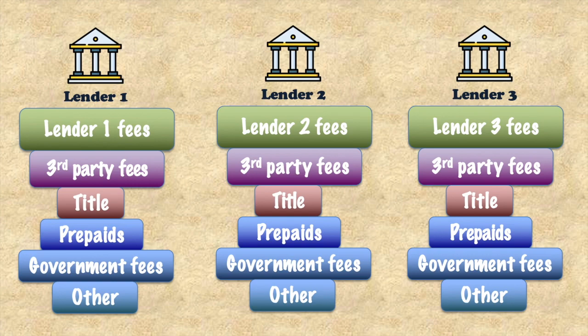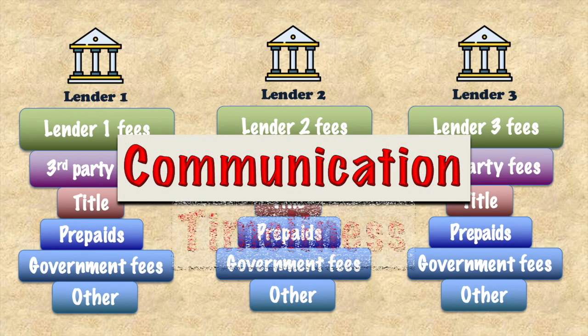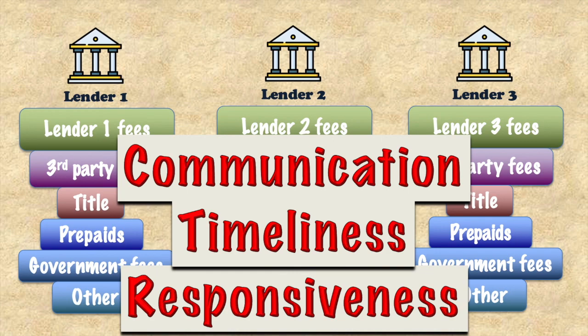Also remember to compare lenders on their communication, their timeliness, and their willingness to answer your questions. If this information seems like a lot, it's okay because it is. The beauty of a video is that you can play this over as many times as you want until you get it. So take it slowly so that you understand what you're paying for.